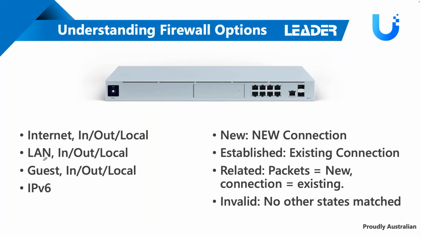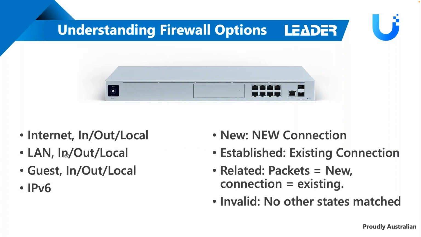If we look at LAN, so by default, Ubiquiti calls it LAN in the interface, and it essentially refers to IPv4 LAN. Anything that just says IPv6 has exactly the same rules. So you'll see internet IPv6, LAN IPv6, and guest IPv6. It just means it's using the IPv6 version of the protocol.